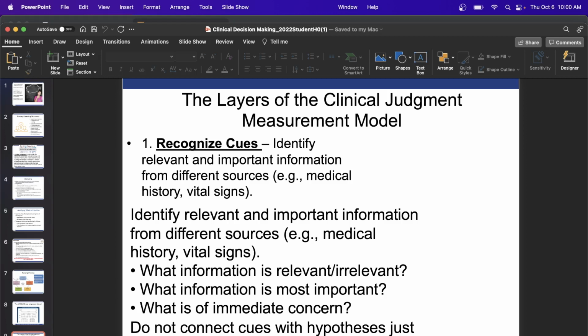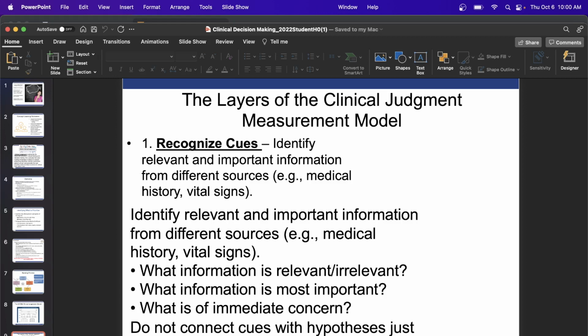So determining what's relevant for the patient in front of you. What's of immediate concern? Well, if somebody's destatting, that's of immediate concern, right? Because that's an ABC. We don't connect the cues with the hypothesis or the problems just yet. We're still focused on our assessment and data gathering.